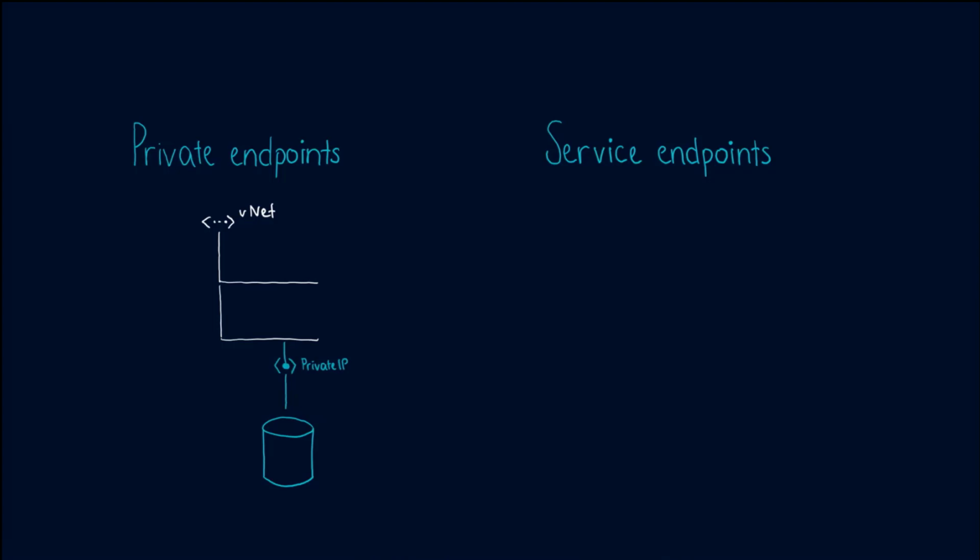In that network interface card, you have a private IP address for this service. Then you create a trust relationship that this network interface card can talk to this specific resource in Azure SQL or Cosmos DB or Azure Storage or wherever you have your data resource.